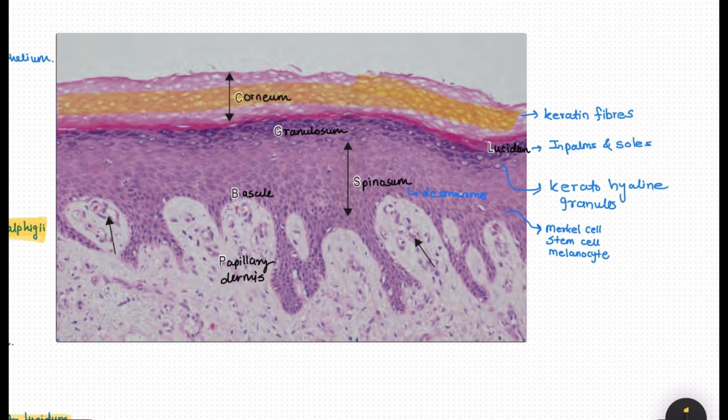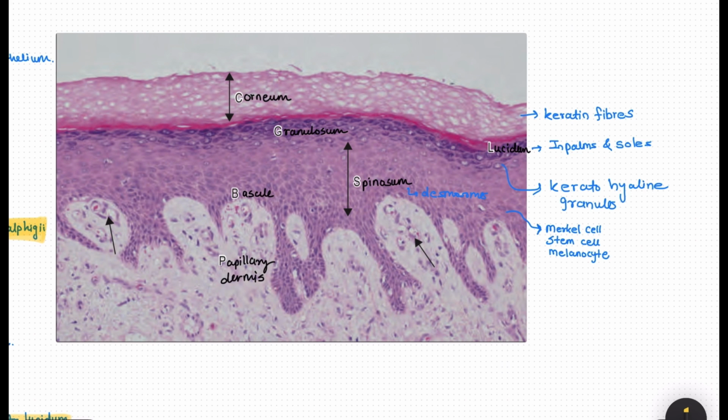This entire thing is without nucleus. Okay, we have already seen it in our previous lecture, which was showing types of epithelium, how keratin fibers look. There is keratinization, means these are dead cells, so there are no nucleus.